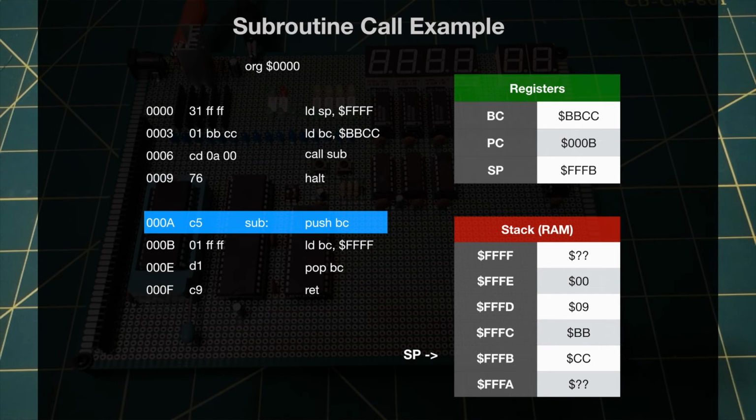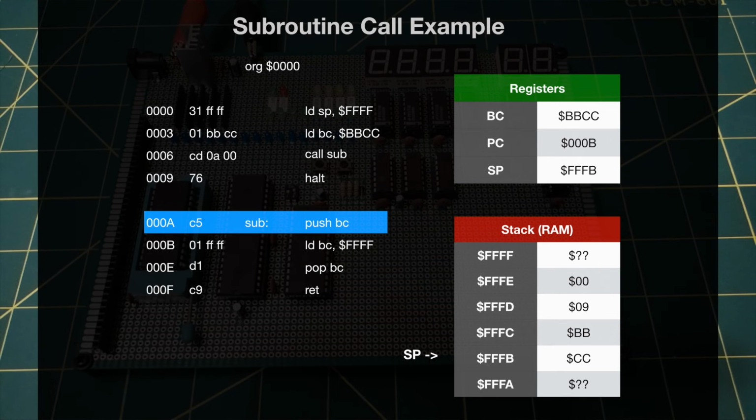It's just easier to keep in your mind that a well-written subroutine call won't mess up any of the registers. It will restore them all back. So it's just good practice to push the values before you start the subroutine call and pop them off at the end. You don't have to. If you know what you're doing and you're happy, you don't have to do that. It's just kind of good practice.